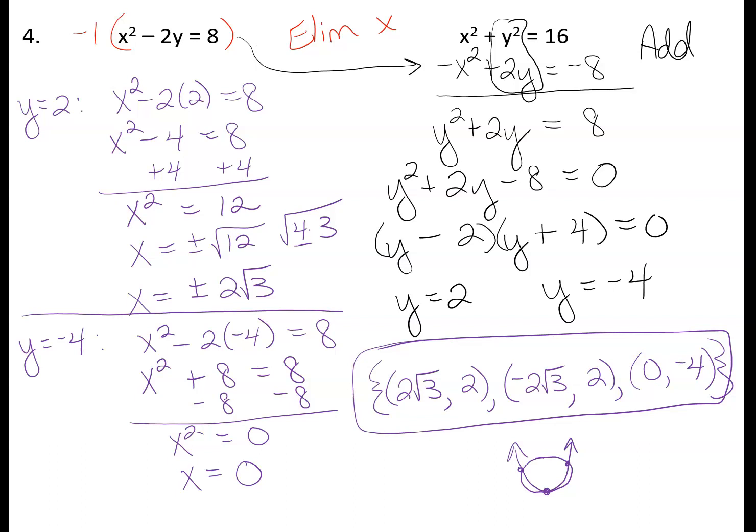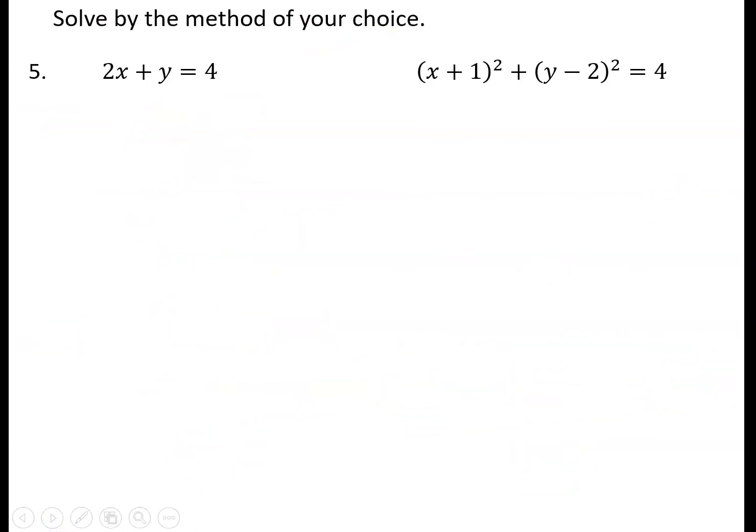Okay, so let's see the next problem. This one says, solve by the method of your choice. Now, sometimes you could use either method, but sometimes only one of those methods would really work. So let's think about this particular problem. I've got x and y in my first equation to the first power.